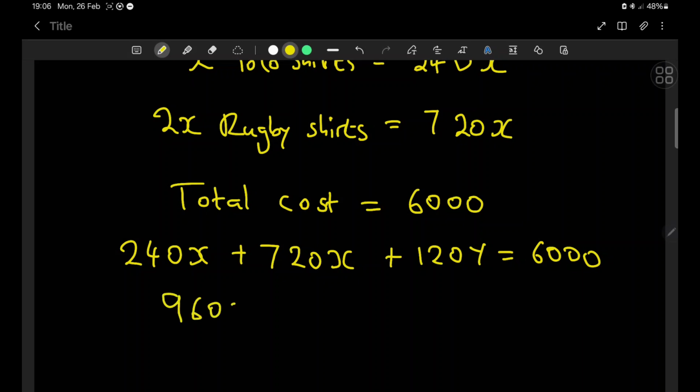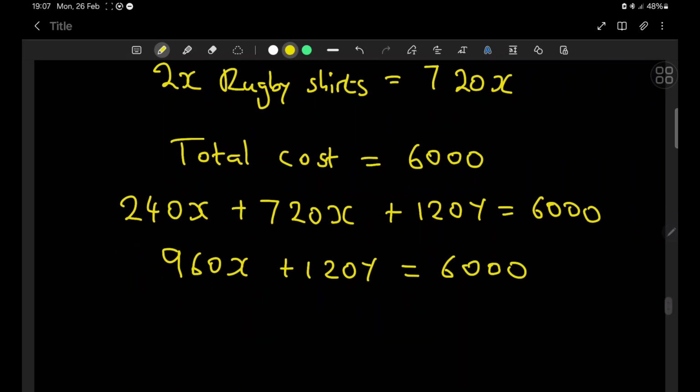So that is 960x plus 120y is equal to 6,000. Then we can divide through this expression with 120. So 120 into 960 gives 8x plus y, then 120 into 6,000 will be 500. And we can call this our equation 2.